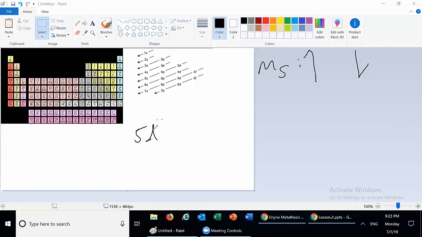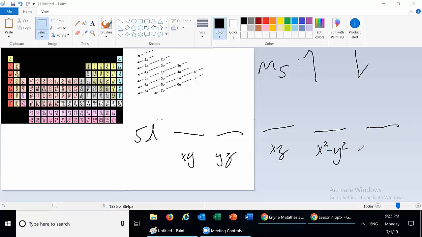I'll represent these orbitals as these lines. We can give them labels if we want: xy, yz, xz, x squared minus y squared, and z squared. You don't need to know the labels, but they're kind of cool, I guess.